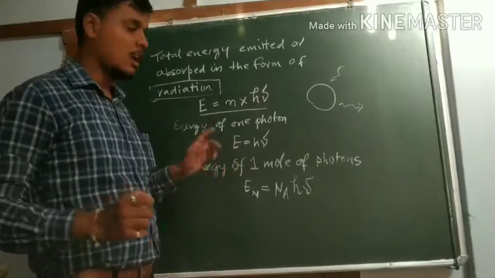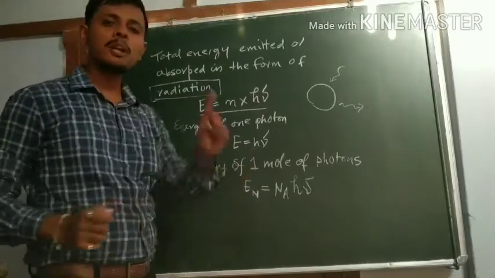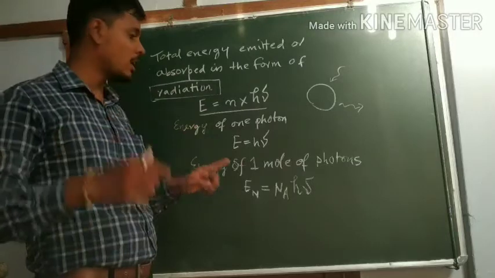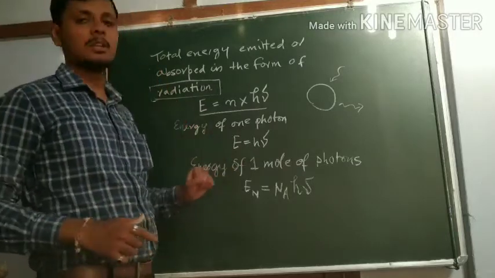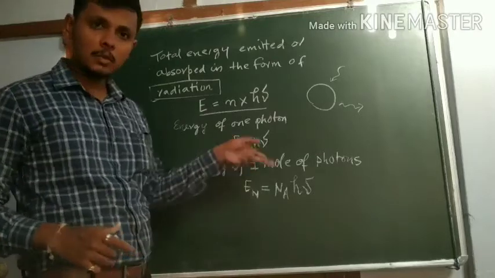Okay, so now if I want to calculate the energy of 1 mole of photons, the energy of one photon is h nu, so the energy of 1 mole of photons will be the energy of one photon into Avogadro's number.